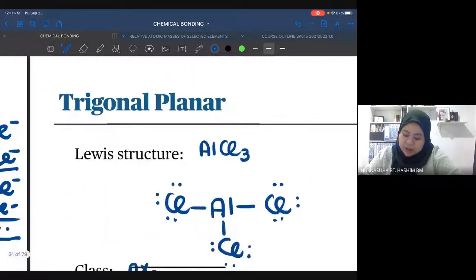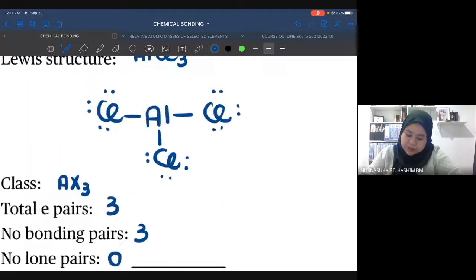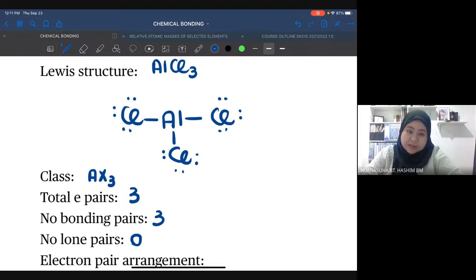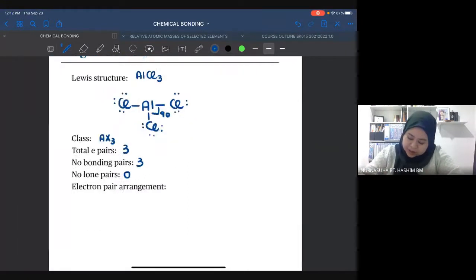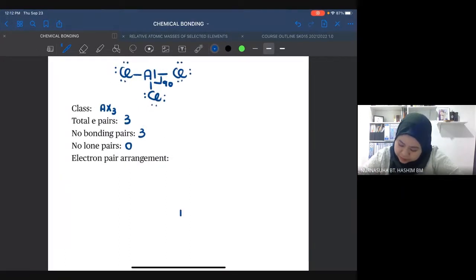Kalau awak tengok gambar yang ni tadi, kalau awak lukis macam ni, bond angle 90. Okay, so apa yang berlaku adalah bonding pair dengan bonding pair tu dia akan tolak supaya menjauhi antara satu sama lain.